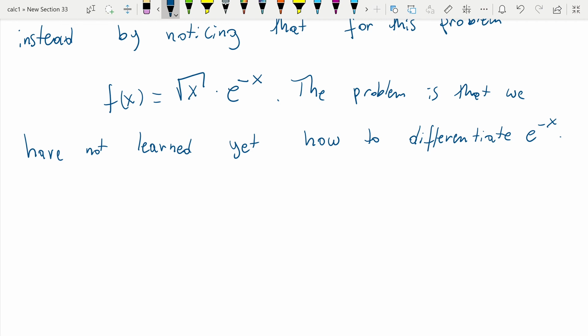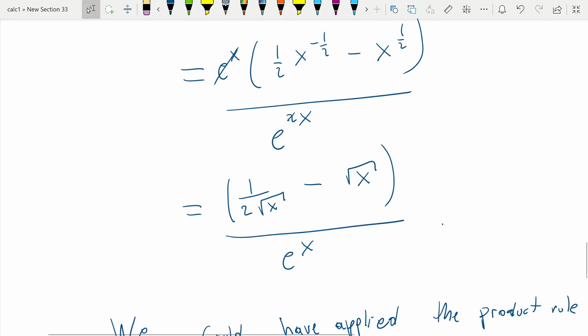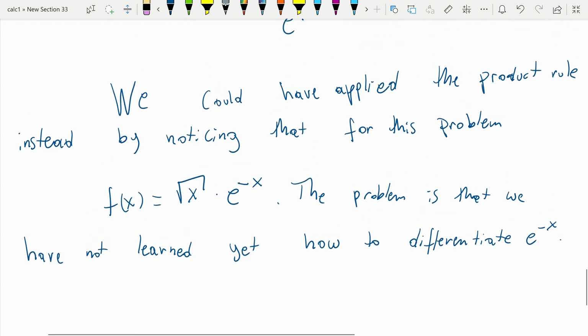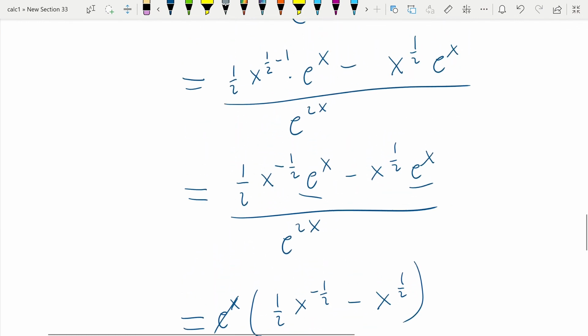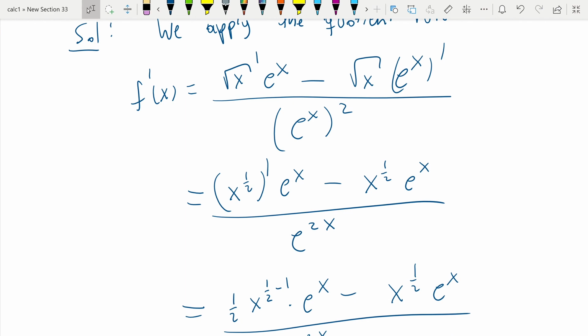But that will basically amount to doing the same thing we did before, so it won't be much gain to do so. But in the future, once we cover all the differentiation rules, I would recommend that you use the product rule whenever you can, because it's less involved, it's more symmetric, and you see in here there are many things that will become unnecessary when you apply the product rule instead of the quotient rule.